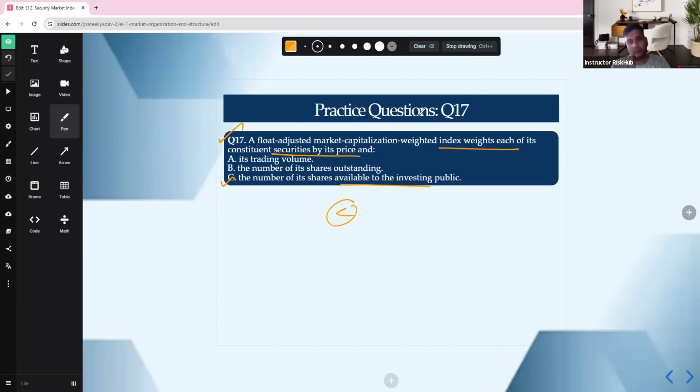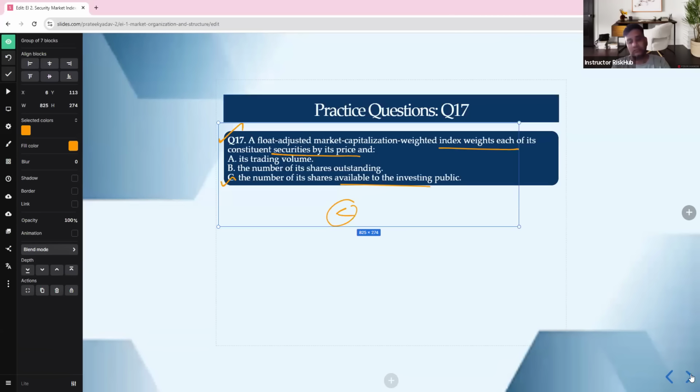So price weighted, price bias; market cap, size bias, momentum bias; equal weight, small cap tilt; and float adjusted is investable reality for the free float. Okay, so this is done.